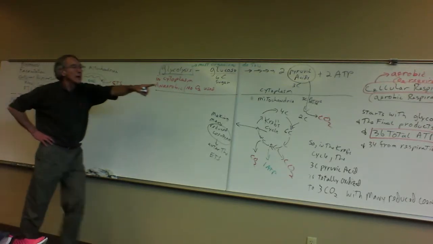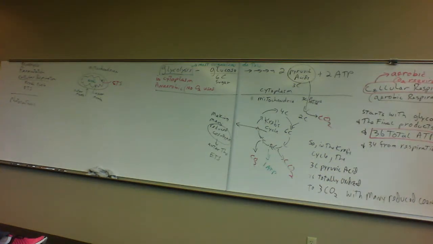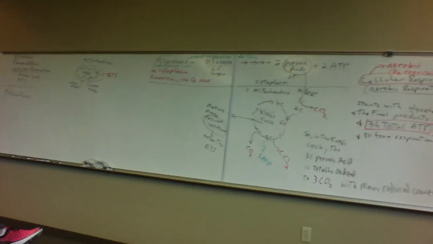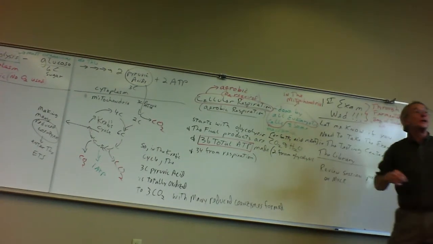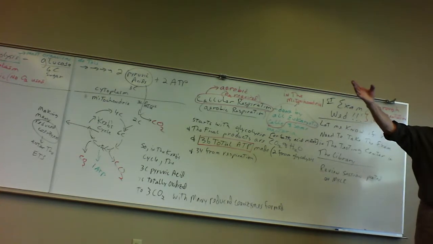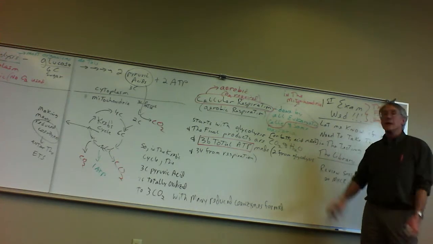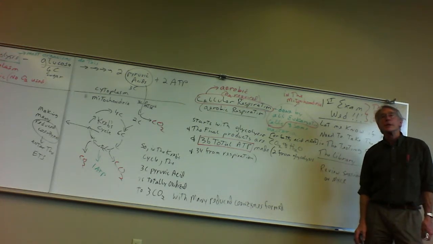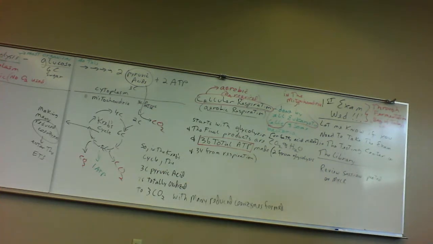And the aerobic bacteria, the respiratory part, the electron transfer system, is embedded in their cell membrane too. They don't have an inner and outer membrane because they don't have mitochondria, but they have a cell membrane. Those bacteria that do anaerobic respiration just don't use oxygen. They use something else.